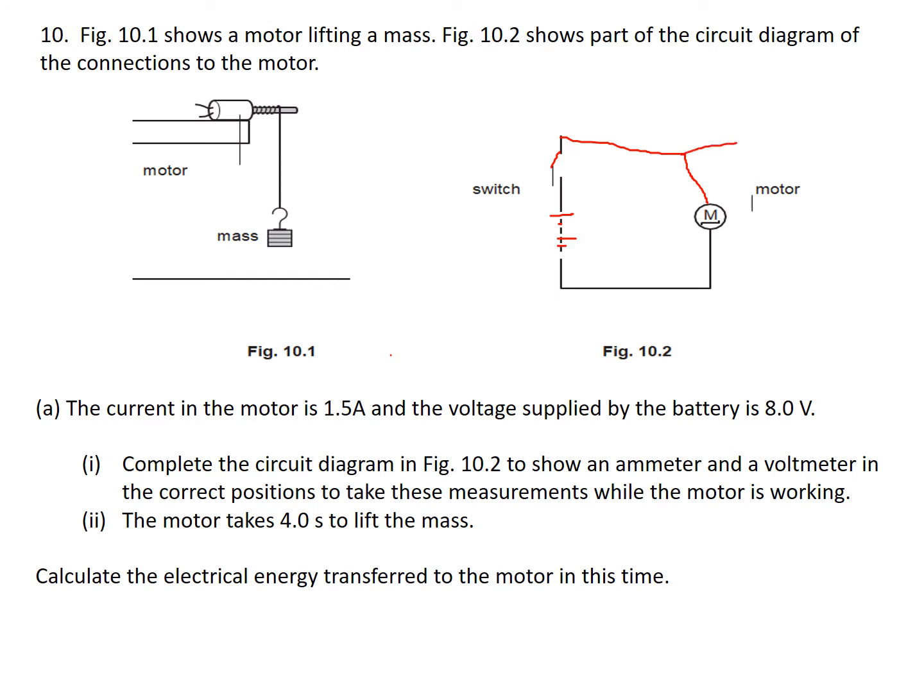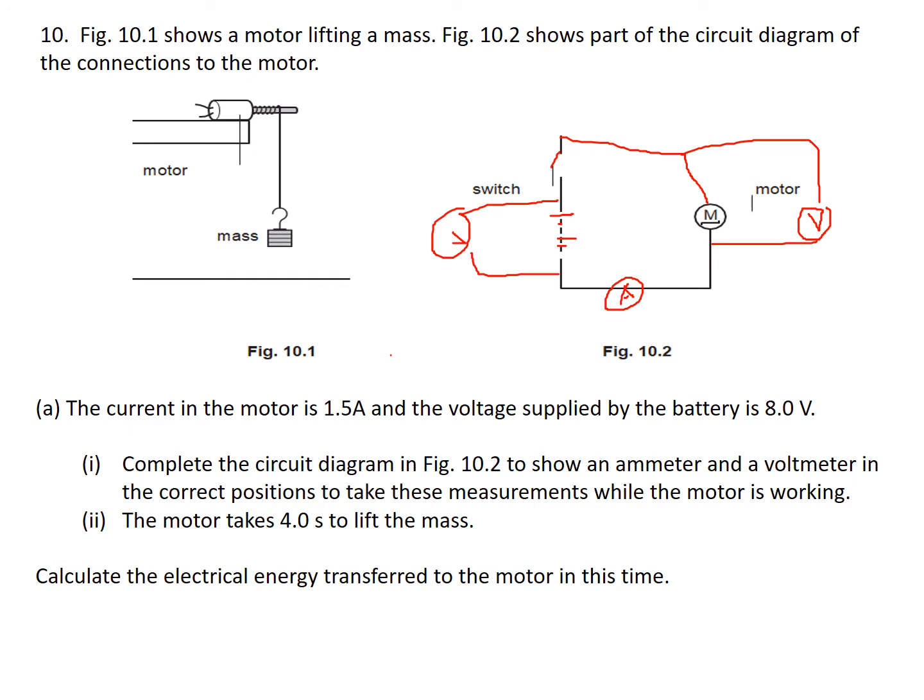Now you can place your voltmeter just above the motor, or you can also put your voltmeter with the battery. And when it comes to ammeters, it is supposed to be in the circuit.